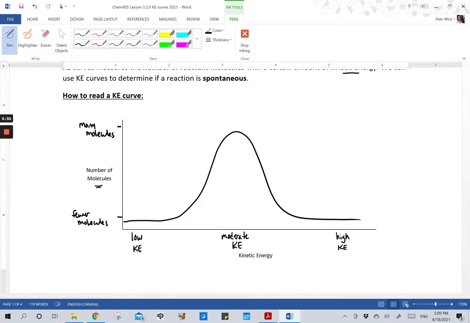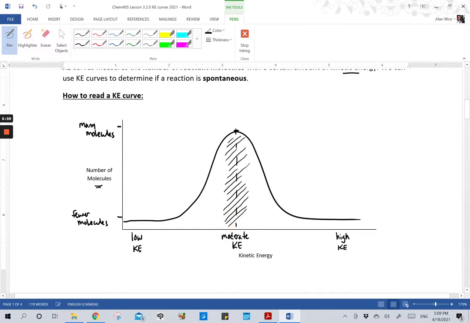For example, if we look at this bell curve, right in the middle we have the peak. This region here, I'm just going to lightly shade in as we go like this. This represents a large amount of molecules.